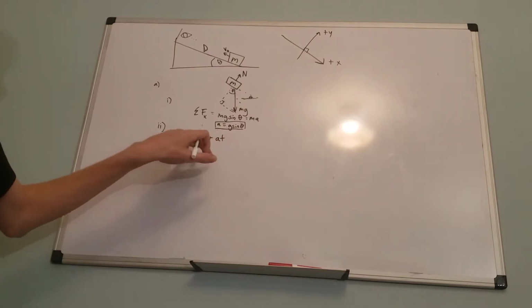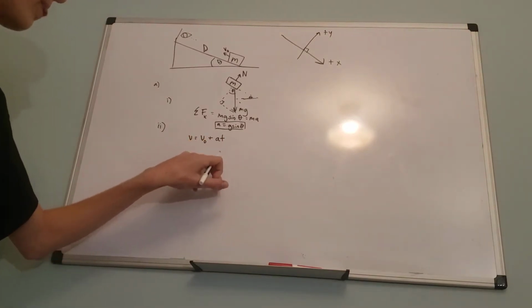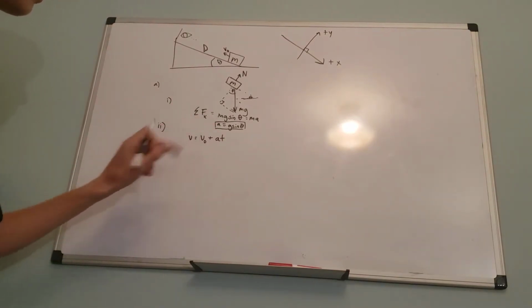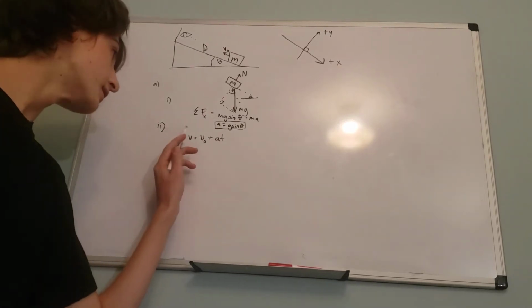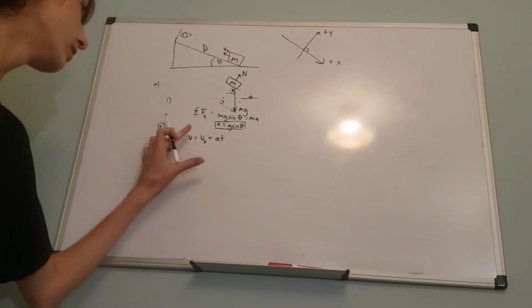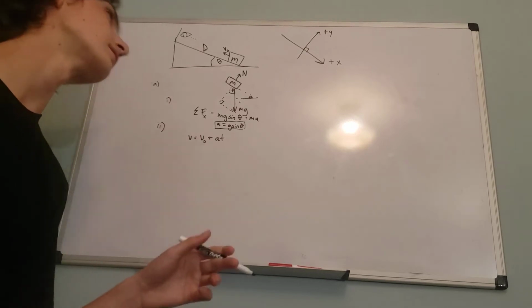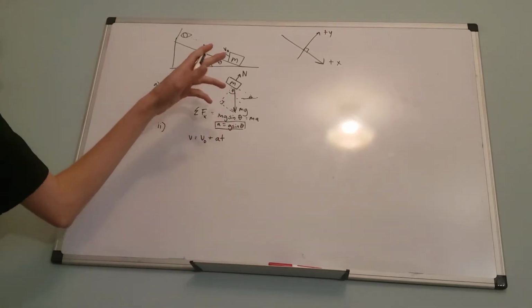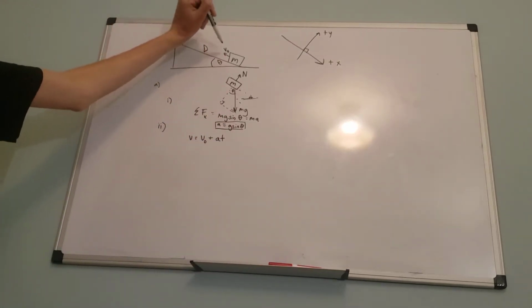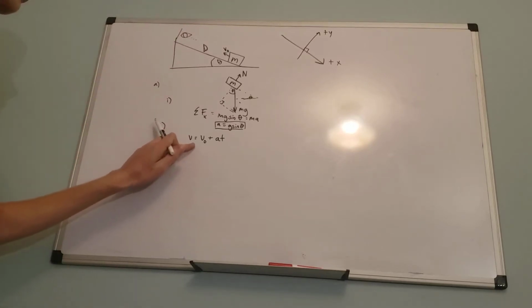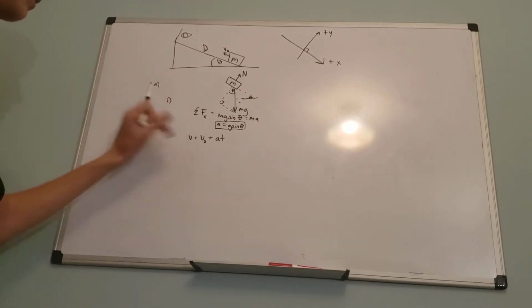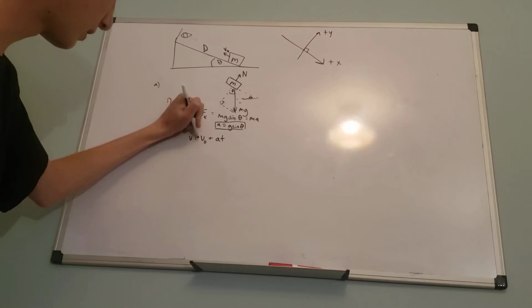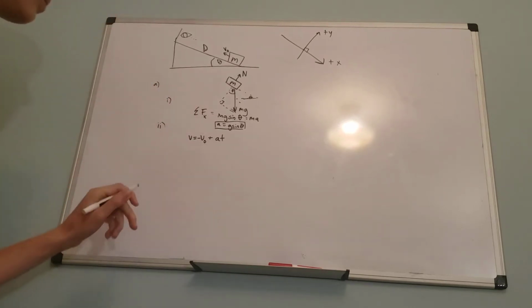We're given the initial velocity, so that's good to go. It's important to note this is an initial speed. The v0 that it gives us is an initial speed, but this is actually in the negative x direction. So because we're talking about x velocity, this is going to have to be a negative v0.